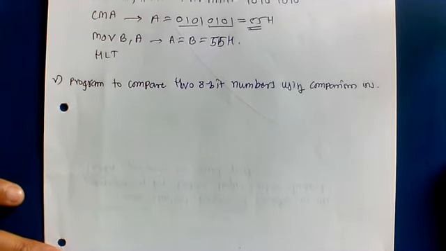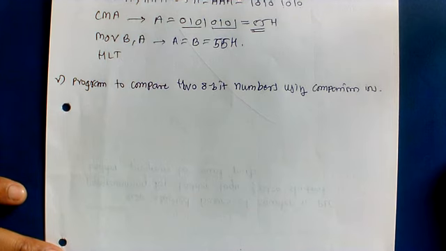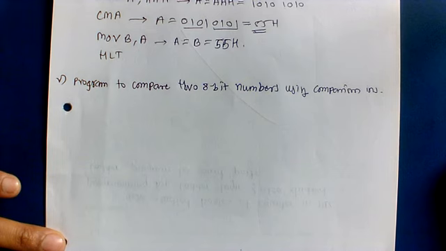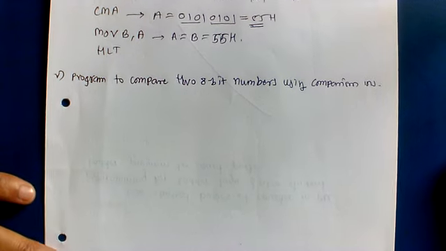Okay, to reflect the comparison result, flag registers are used. That is, either the accumulator contents are bigger than the B register, or smaller than B register, or equal to the B register content.